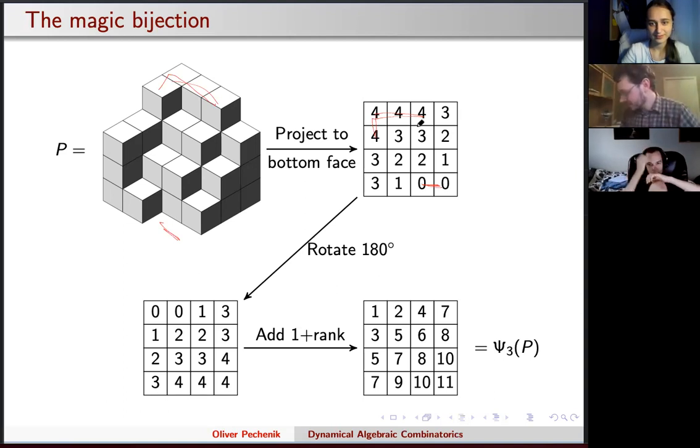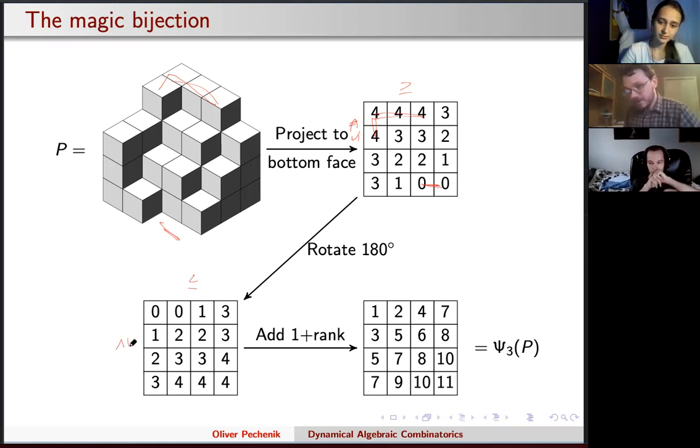And this looks kind of like the right thing because at least it has numbers in a grid, which is progress, but they're decreasing instead of increasing. So I just spin the whole thing around, and now they're increasing. And the problem is that now they're less than or equal to, and I want them to be strictly less than.